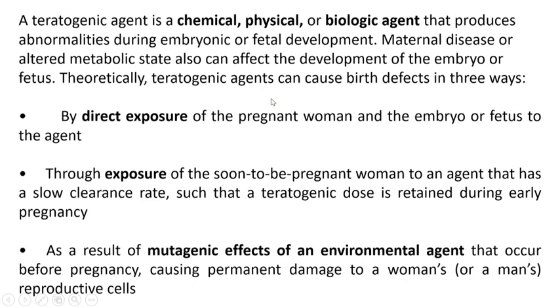So theoretically, teratogenic agents can cause birth defects in three different ways: by direct exposure of the pregnant woman and the embryo or fetus to the agent. So for instance, something like alcohol. Remember my rule of thumb, anything that can affect your brain. They mentioned some drugs, like drugs for depression.